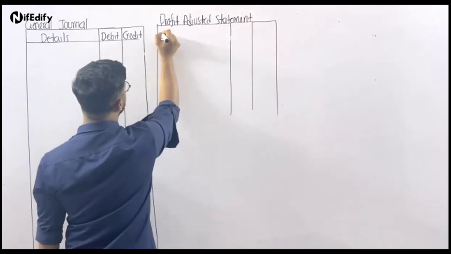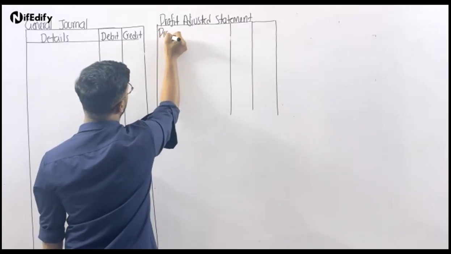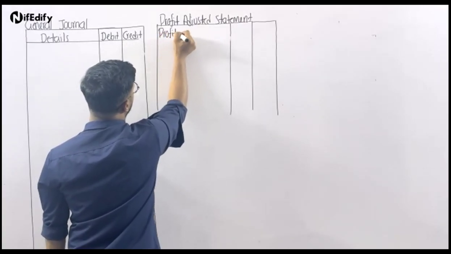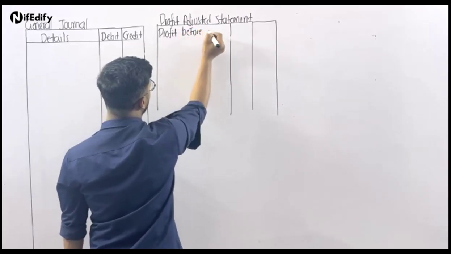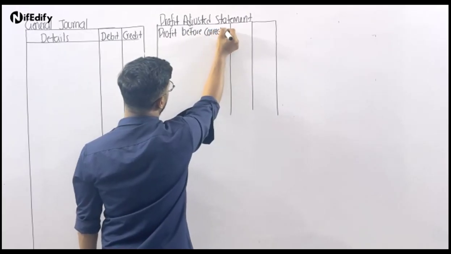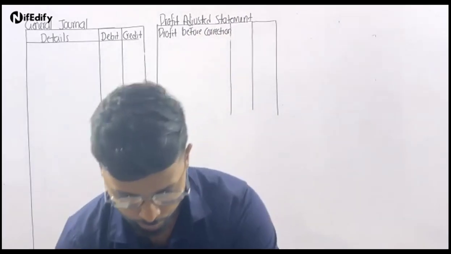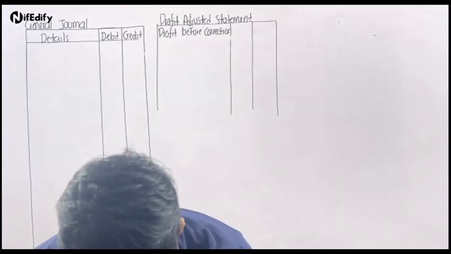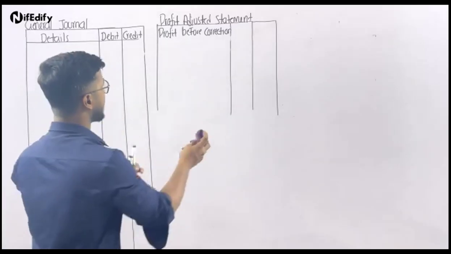So what's basically the profit before correction? How much is it? Profit before correction is 750, right? Keep in mind, don't write profit before correction.